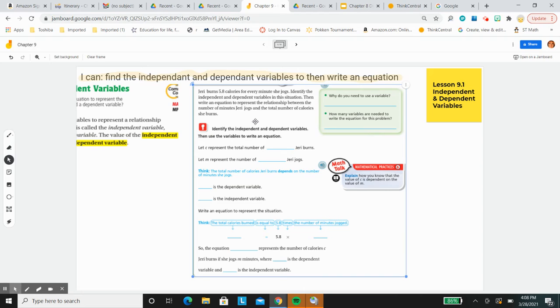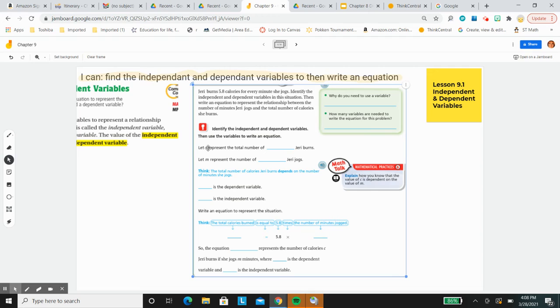Then write an equation to represent the relationship between the number of minutes Jerry jogs and the total number of calories she burns. Okay, so let's use this problem to start thinking about what an independent and a dependent variable is.